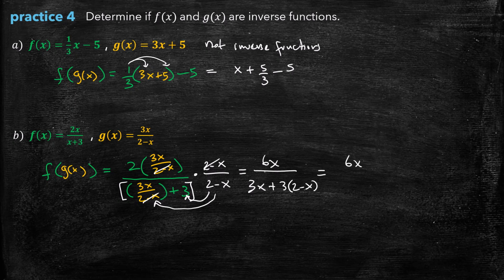So 6x over 3x plus 6 minus 3x. The 3x's cancel, and the 6's cancel, and we are left with x. So that checks. f of g of x delivers x, and I'll leave it up to you, the viewer, to check that g of f of x also yields x.